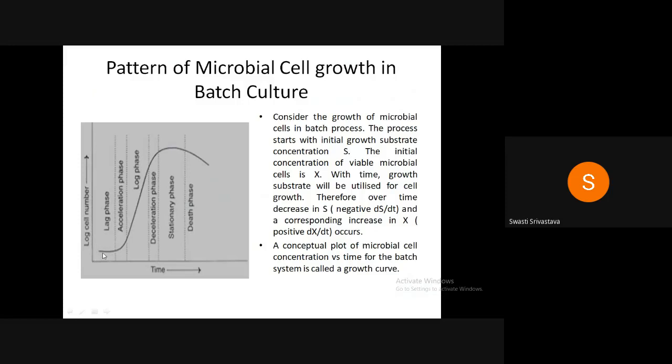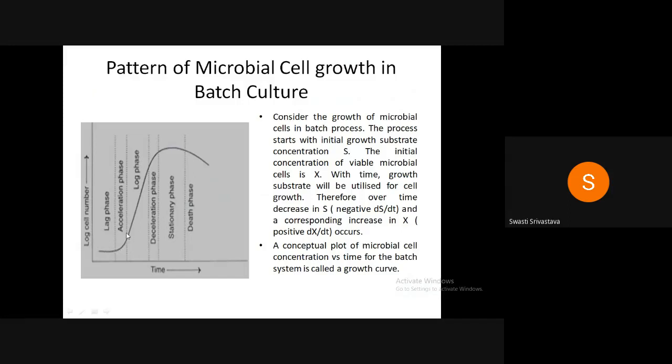The producer strain is adapting to the process conditions, that is the temperature, pressure, nutrient constituents and all those things. So in that time, the cells do not divide or multiply. They try to acclimatize themselves in the lag phase. So there is the least consumption of the substrate and also the least growth of the population numbers.